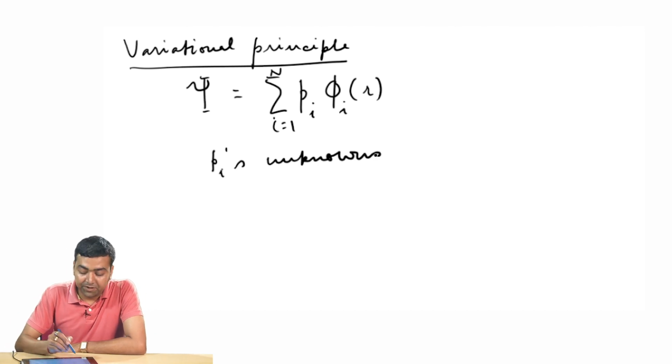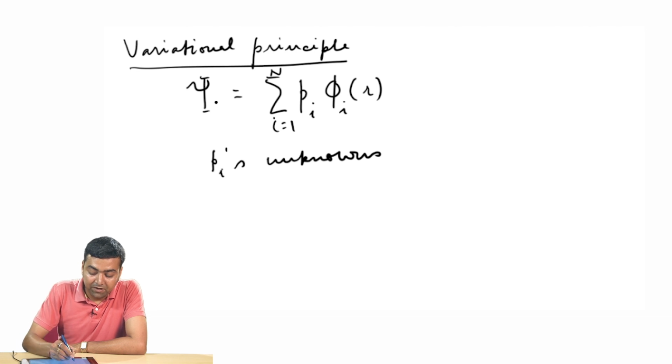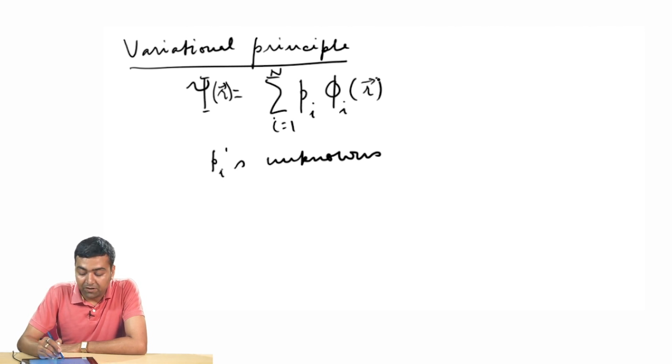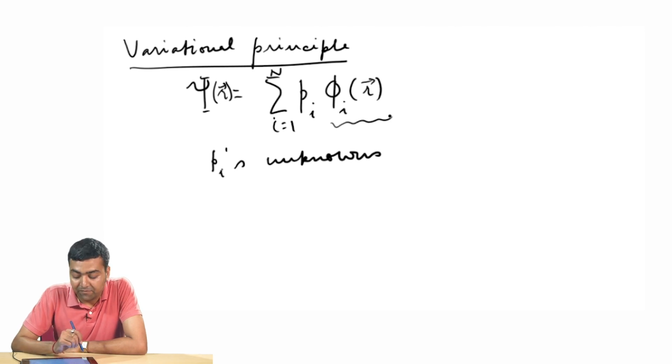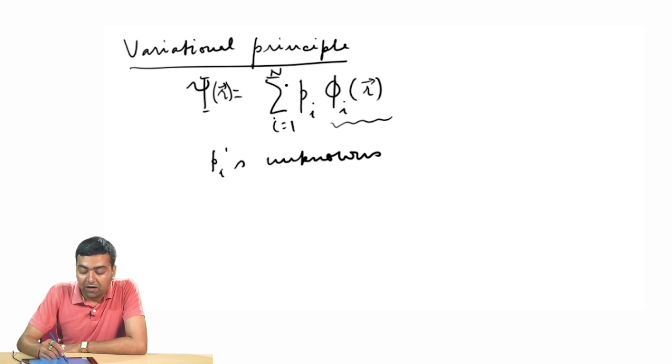So, I have this wave function psi, which is a function of R, and I expand it in a set of basis functions, denoted by phi i, and p i are the coefficients.